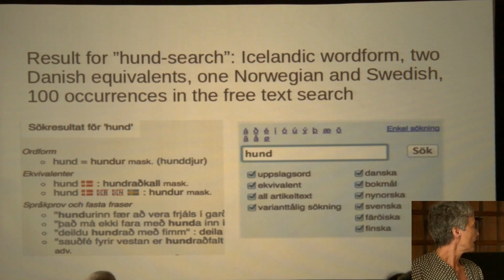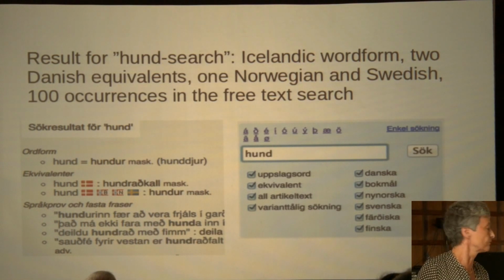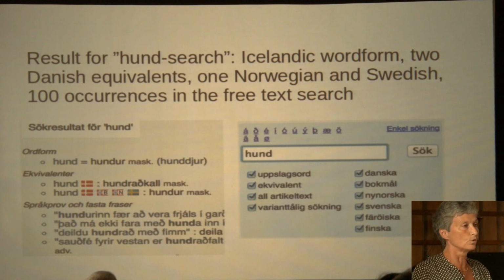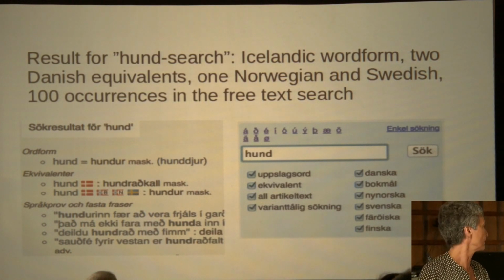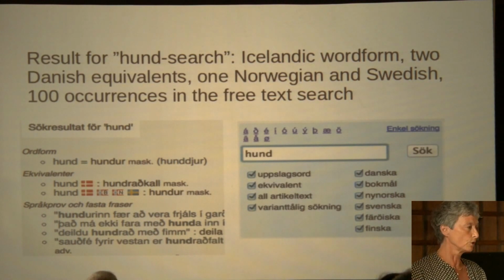And the string hund is also found in something like 100 examples or collocations. I didn't make the search for just the word. So you see hundur in the first one, but there are hundreds of matches in the total database, in the complete database.